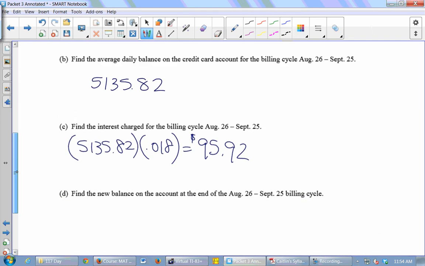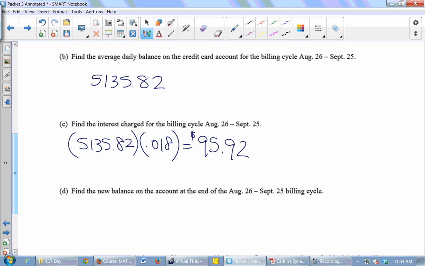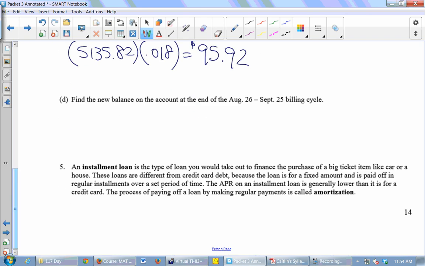All right, to calculate my new balance on the account at the end of the billing cycle, I have to say what was my old balance, right? It was $5,000, right? So new is equal to the old balance plus any purchases minus any payments plus fees, right?